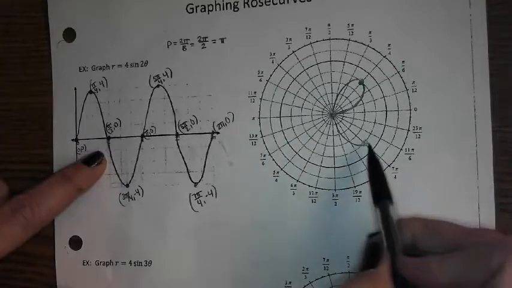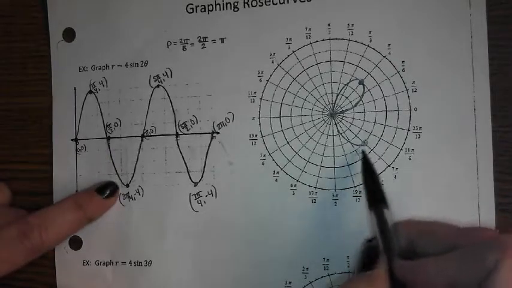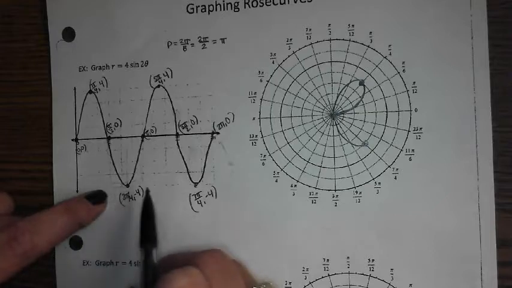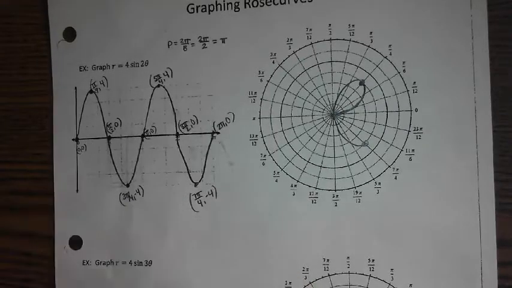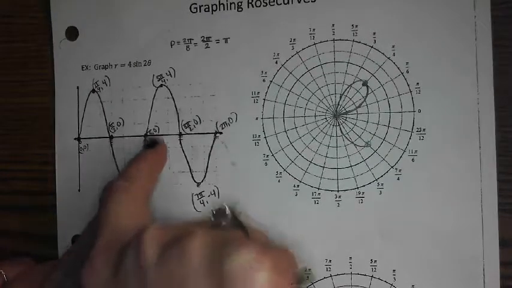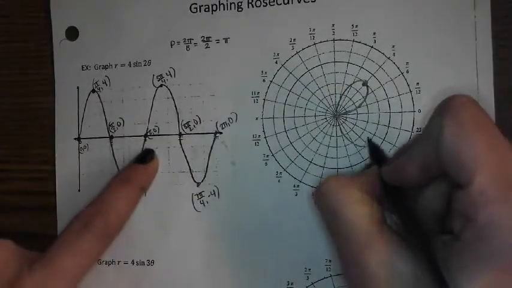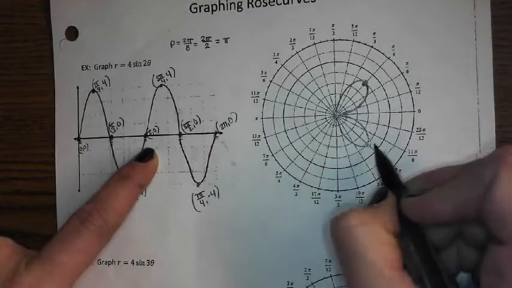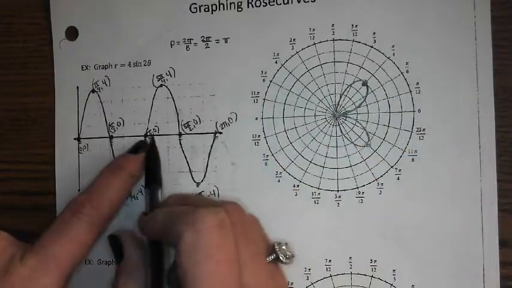Again, I'm not going to go outside that circle with radius 4 because even on the negative side, I don't have a larger radius than 4 or negative 4. So that's that point, and then I'm going to come back to the origin. And that's pi, 0.